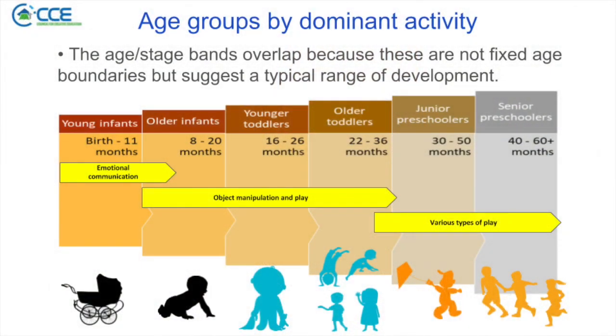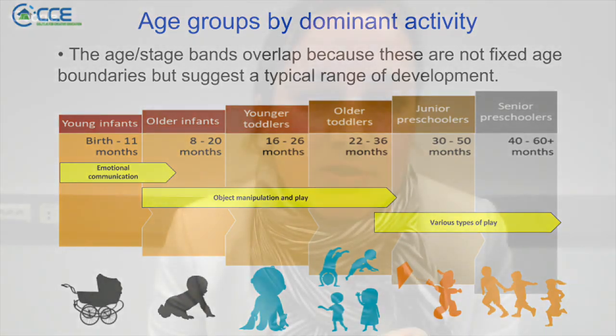So we could talk about infants, we could talk about toddlers, and we could talk about preschoolers. And then within these three age groups or three categories, we could still talk about like shorter periods. And I could characterize them in terms of a dominant activity.